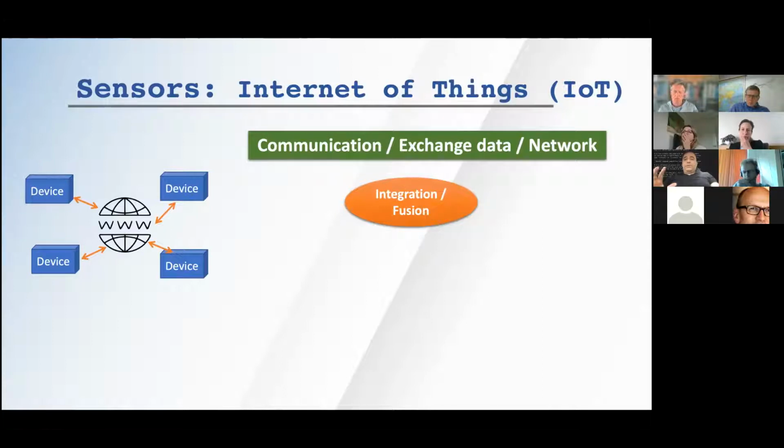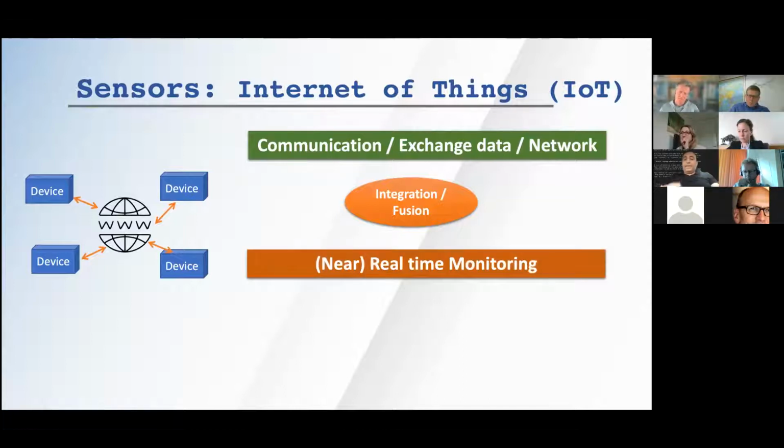And especially for one of the trends that I mentioned, for many applications, we need the integration and fusion of different sensors together. So this IoT technology plays a very important role to make it possible in this case. And one of the very important capacities that we have by bringing IoT technology here is real-time or near real-time monitoring of the measures that we have.